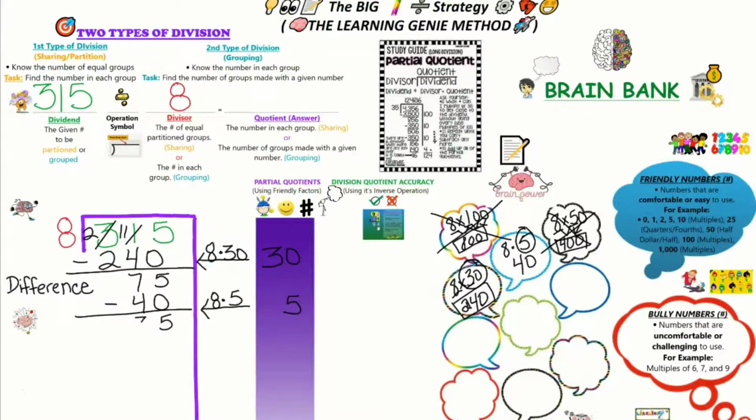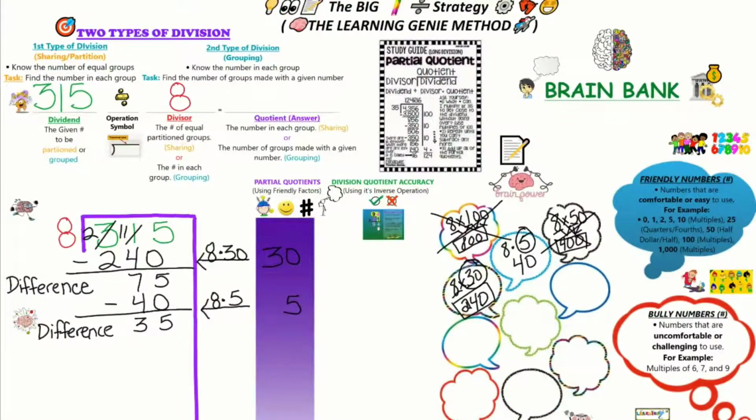Once I subtract without regrouping, I get a difference of 35. This new difference now becomes my next quotient, my next dividend.